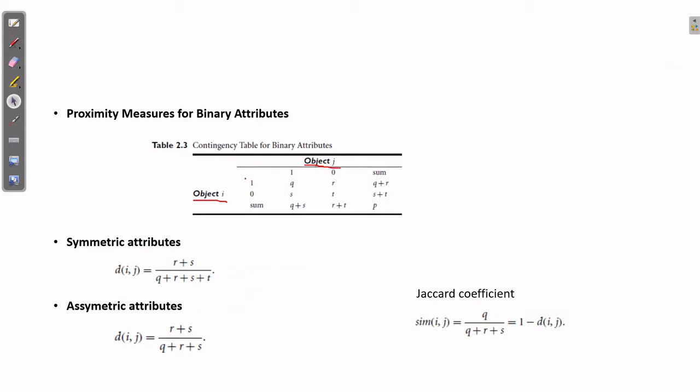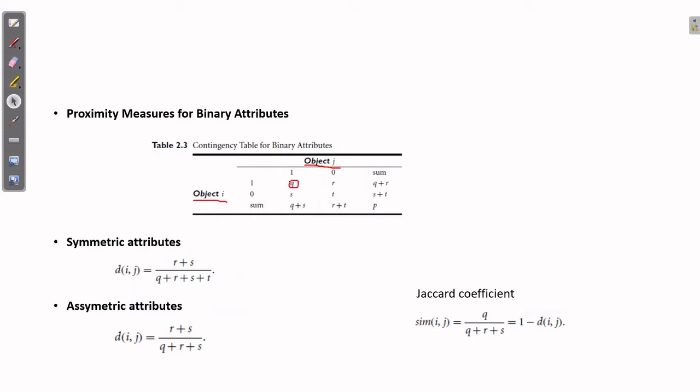First of all, you construct a contingency table for binary attributes. What this contingency table represents is: if object I has a value of 1 and object J has a value of 1, out of the p attributes, how many of them have both values 1?